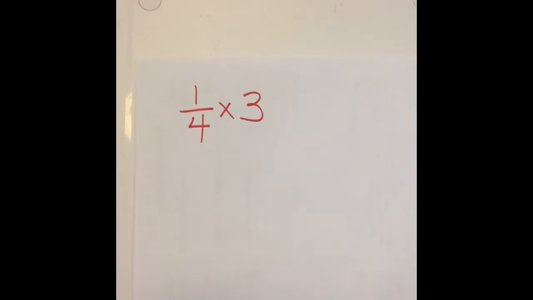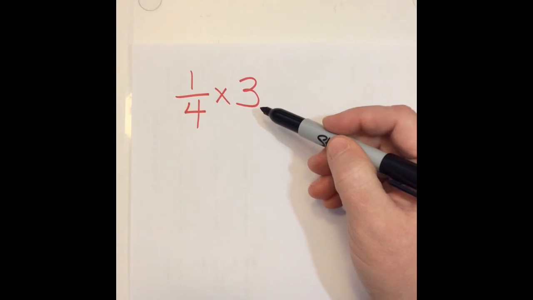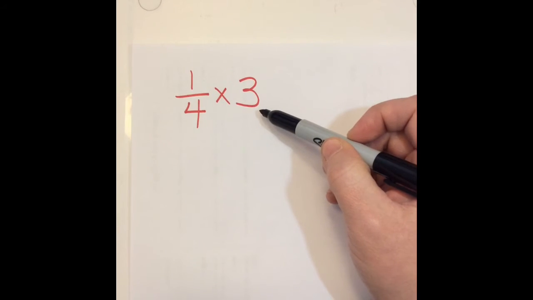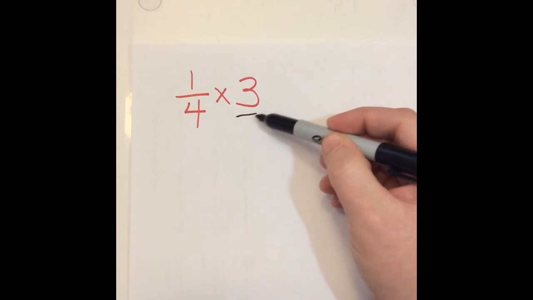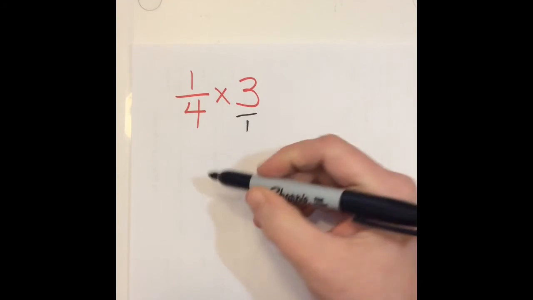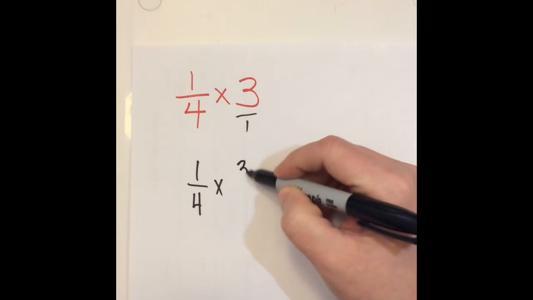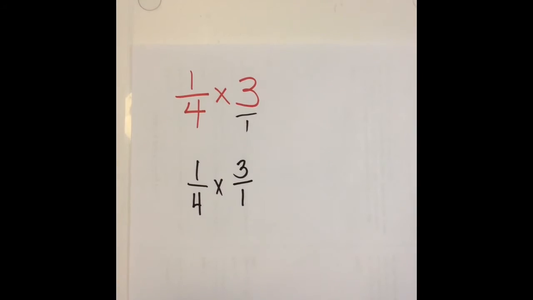Remember also that if you have a whole number, we have to take this whole number and make it into a fraction without changing its value. The way we do that is we put it over 1. So my problem is really 1/4 times 3 over 1.